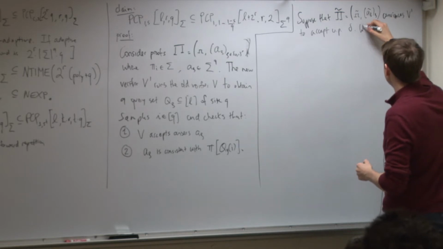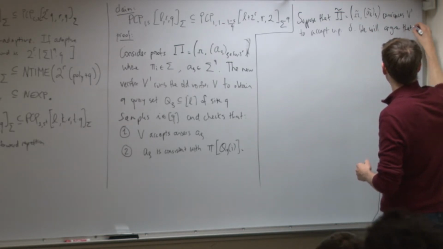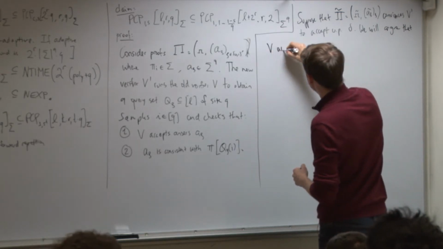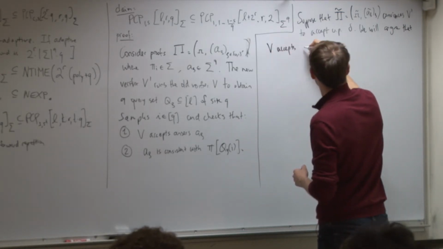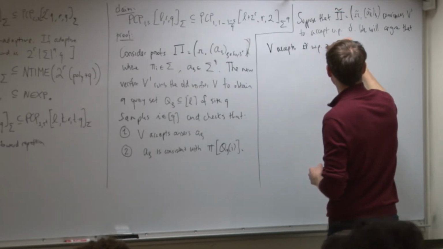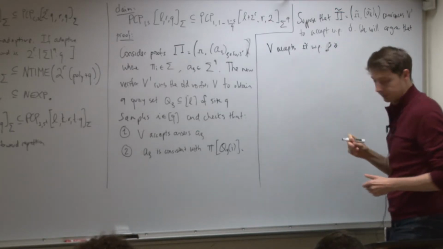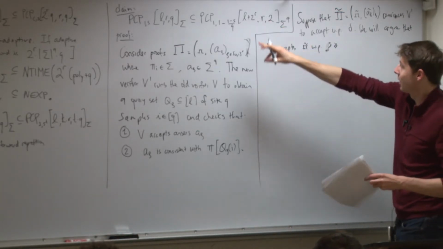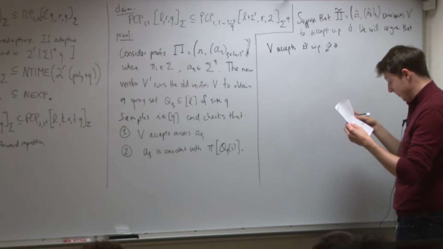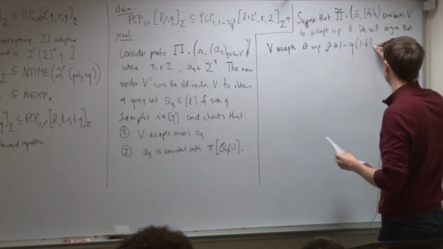So we will argue that V accepts little pi tilde with probability S, which is at least whatever you invert there, and if I do it here, it should be like one minus q times one minus delta.